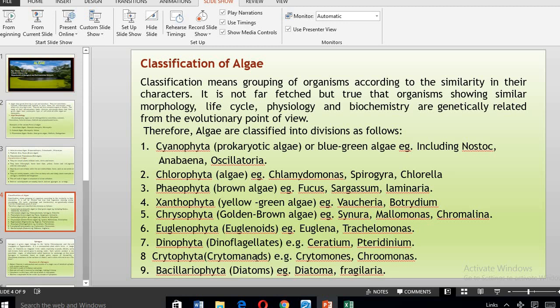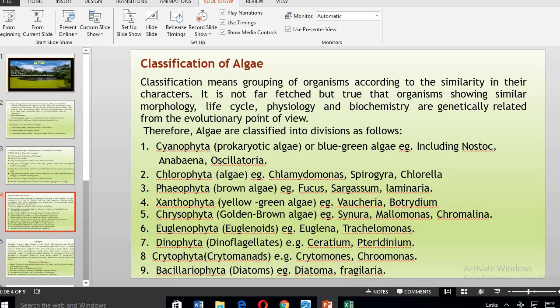Number 6, we have Euglenophyta, from Euglena. These are the euglenoids. An example is Euglena and Trachelomonas. Next is Dinophyta, the dinoflagellates. An example is Ceratium and Peridinium. The next is Cryptophyta.